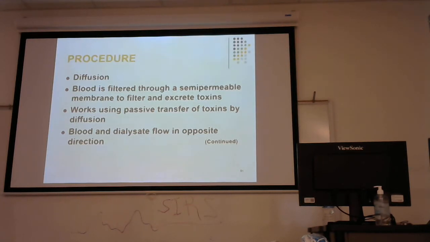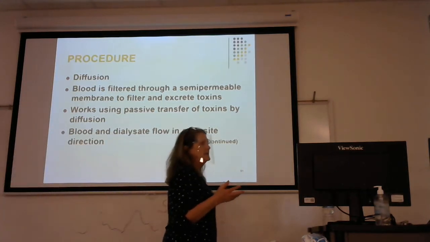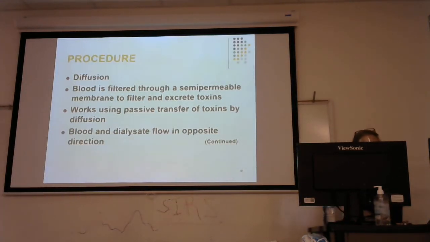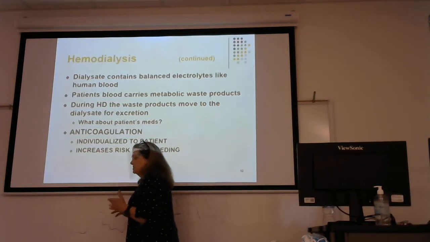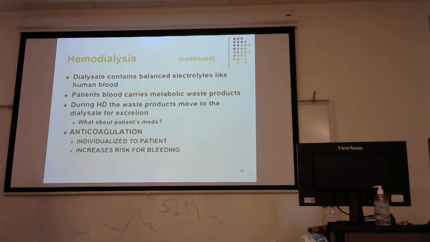And they come in, they all have a dry weight that we look at, okay, for this patient to be hemodynamically stable or homeostatic, this is what their weight needs to be.